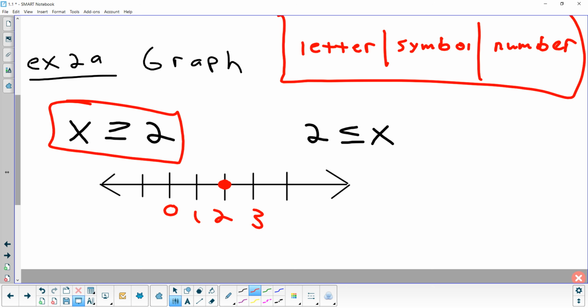To shade in the numbers that are greater than or equal to 2? We're going to be shading towards the left. Right. Yeah, we want to shade to the right. Bigger is to the right. I pointed that way and I said no. That's okay. And that's it. That's one way to graph x is greater than or equal to 2. Questions on that?